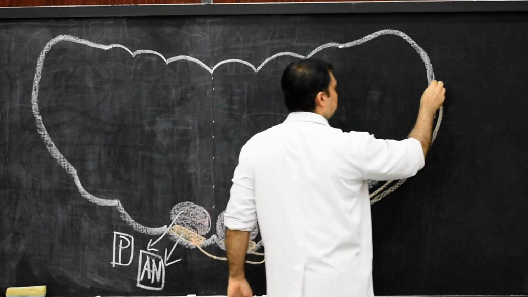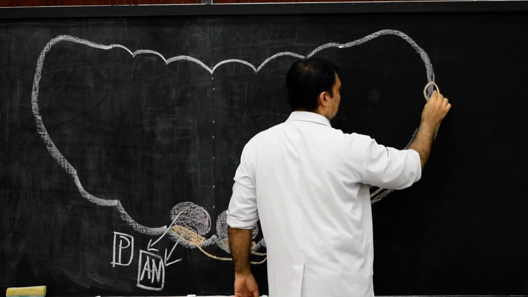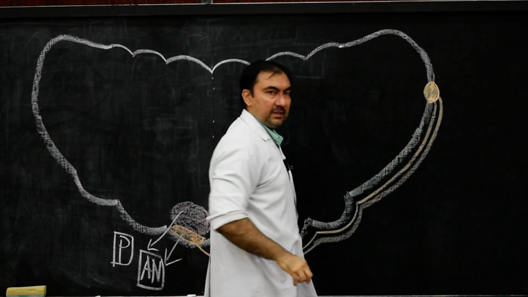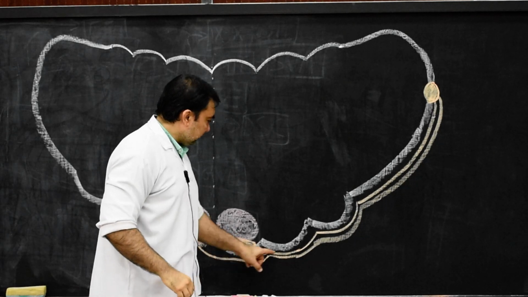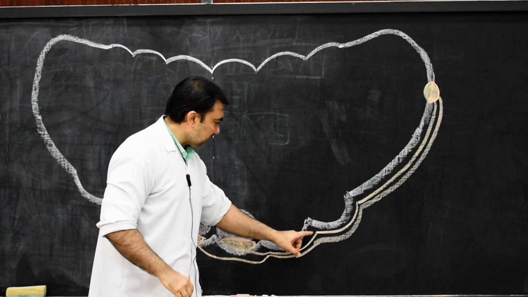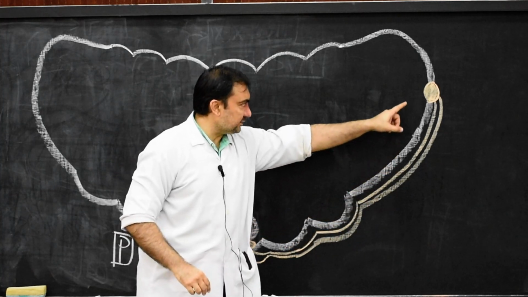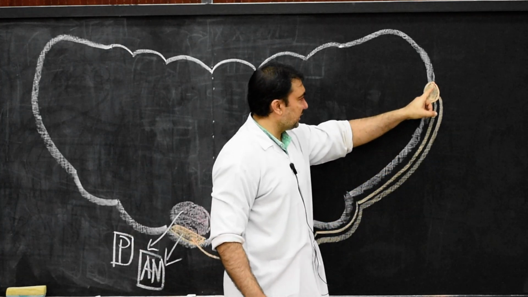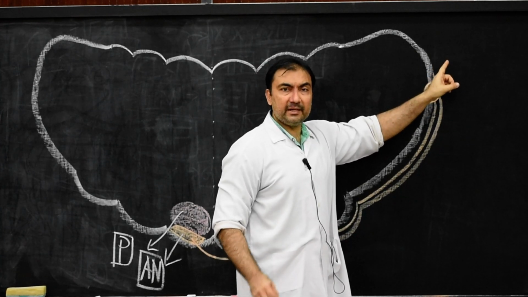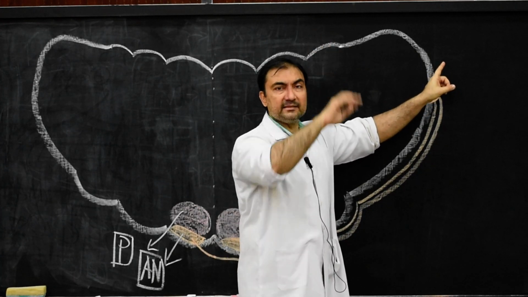So we need to mention here, this will be the pontobulbar body. And these fibers which are passing anteriorly, see here, they pass on the anterior surface of the medulla oblongata transversely towards the pontobulbar body. From the pontobulbar body, they relay in the inferior cerebellar peduncle and terminate in the cerebellum.